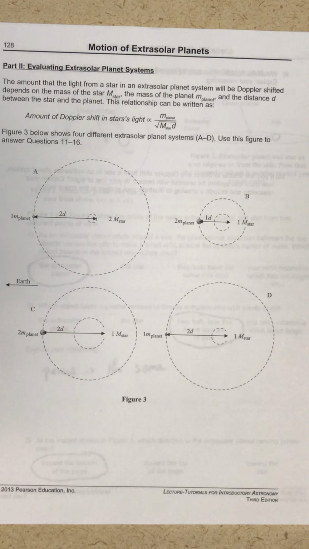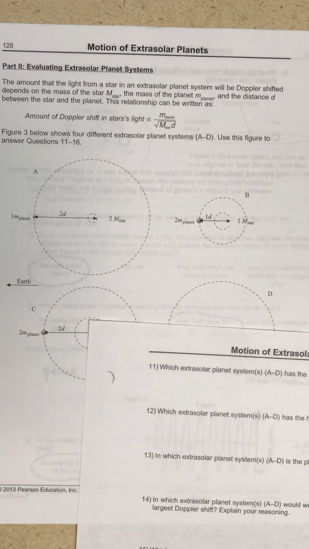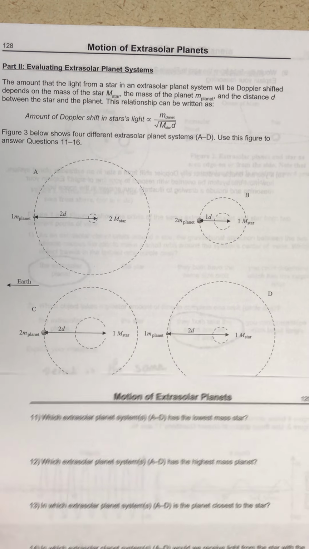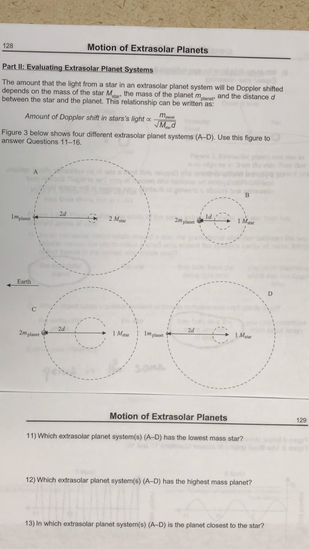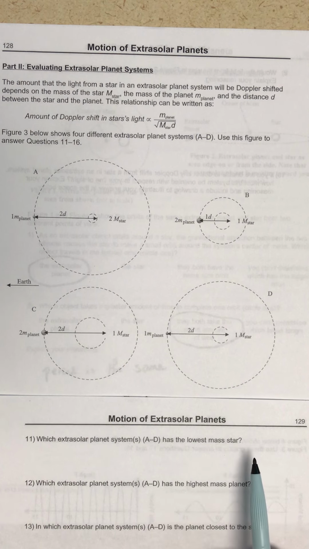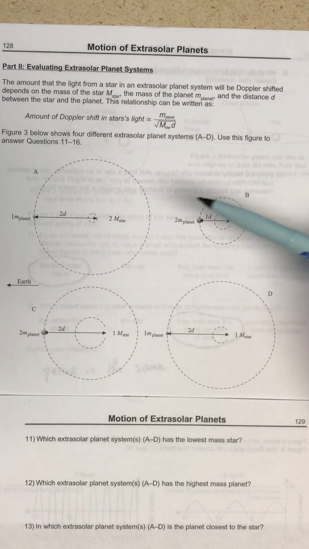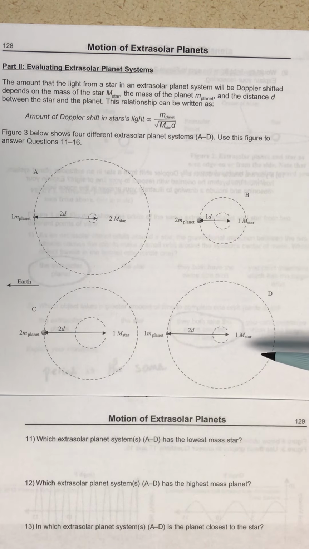All right. So let's think through answers 11 through 15. Which extrasolar planet system has the lowest mass star? So this one is 2, this one is 1, that one is 1, that one is 1.